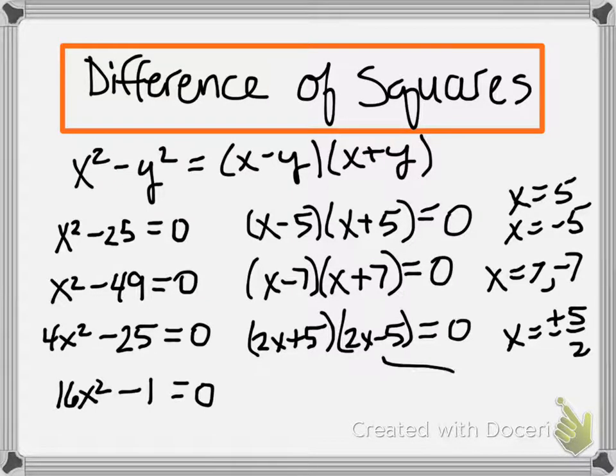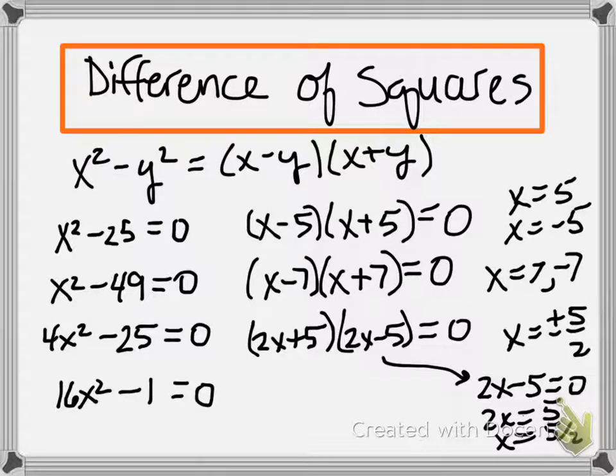Do you remember how to find that if it looks fractiony? Like the first two were easy to figure out just by looking at it, but if it's fractiony, then just take it to the side and solve it. And that's how we get the 5 halves.